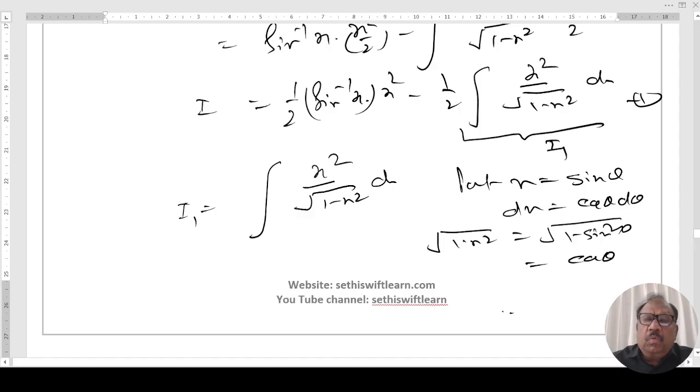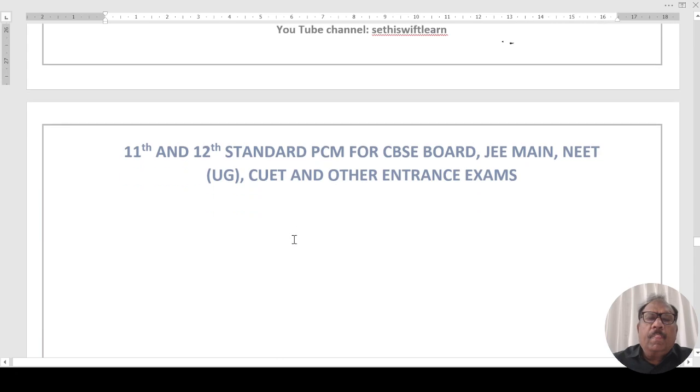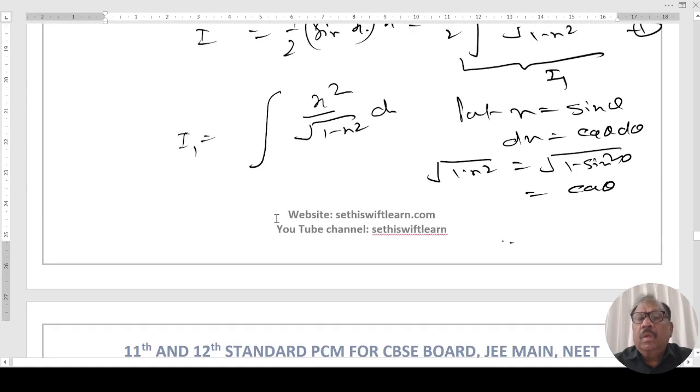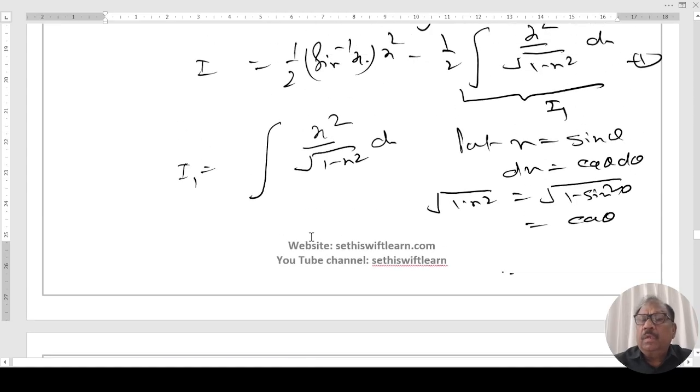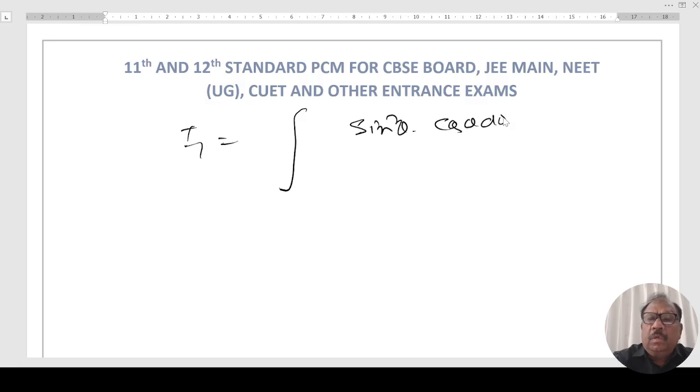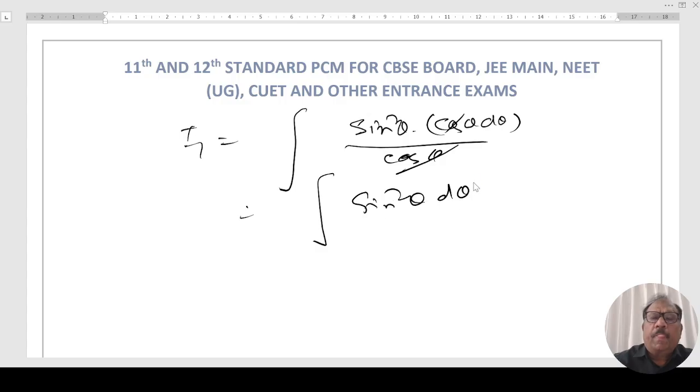I1 reduces to integration of x square, that is sin square theta, into cos theta d theta upon cos theta. This comes out to be sin square theta d theta.